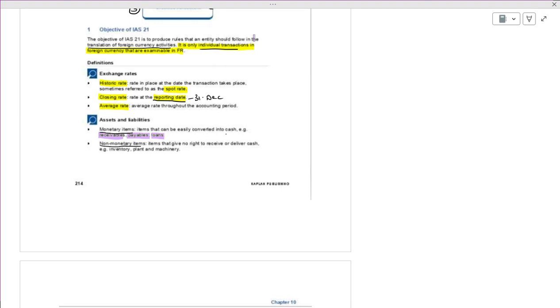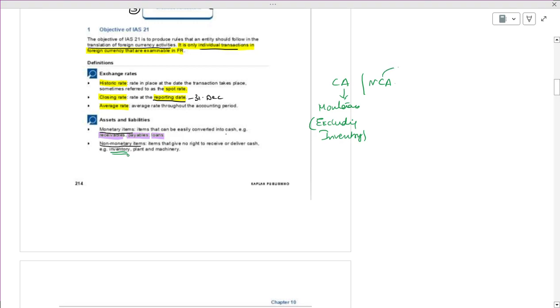Now, what are the non-monetary items? Students get confused. They say current assets are monetary items. Yes, current assets are monetary items, but excluding inventory. Excluding inventory, current assets and current liabilities are monetary items.